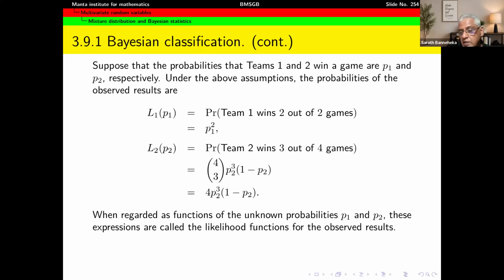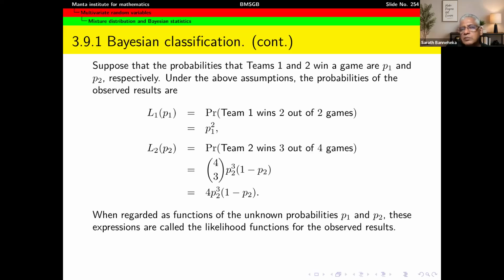What we are interested in is one way to define the better team: find the larger value of P1 or P2. We find out which of those two is larger, and then the team with the larger P can be called the better team.